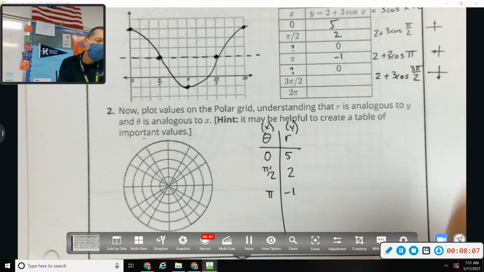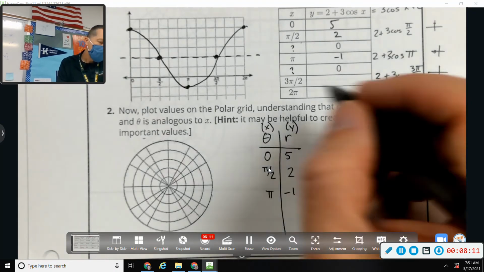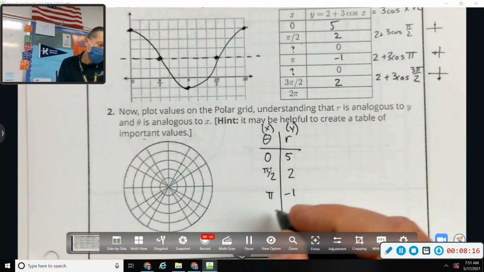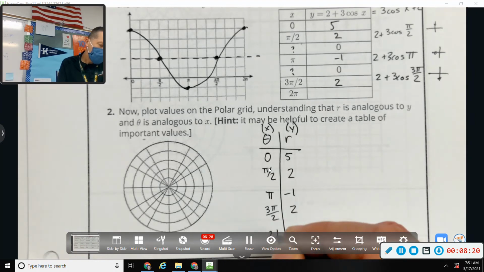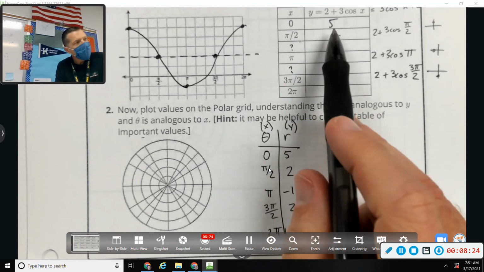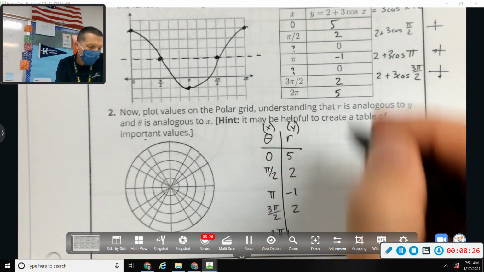Let's see, cosine of 3 pi over 2 is 0. 2 plus 0 is 2. Oh, I guess I could have just gotten that from the graph as well. And then at 2 pi, I don't have to plug it back in because I know it repeats every 2 pi, so it should be right back at 5.